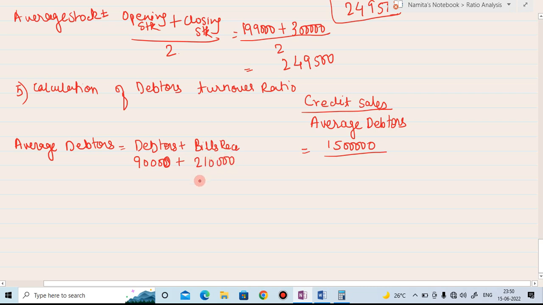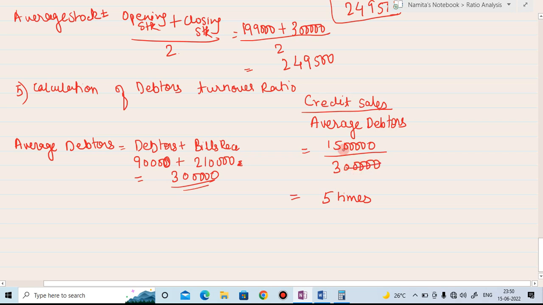So total we get 3 lakh rupees. So average debtor is how much? 3 lakh rupees. So put in the formula 3 lakhs. So the answer we get 5 times.